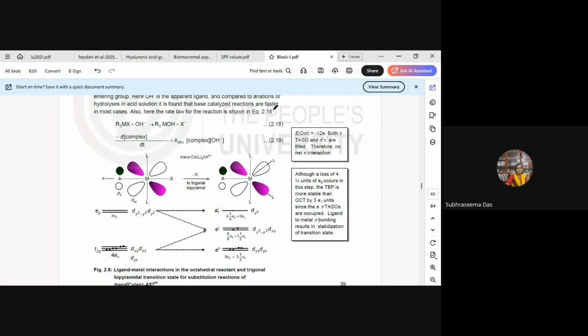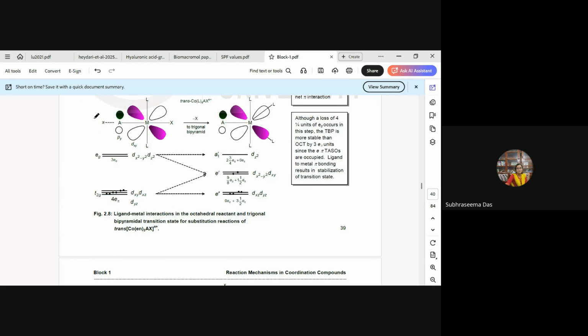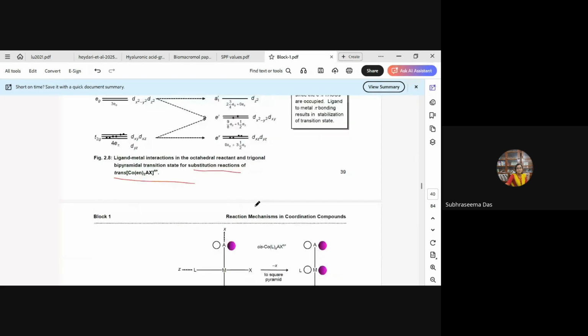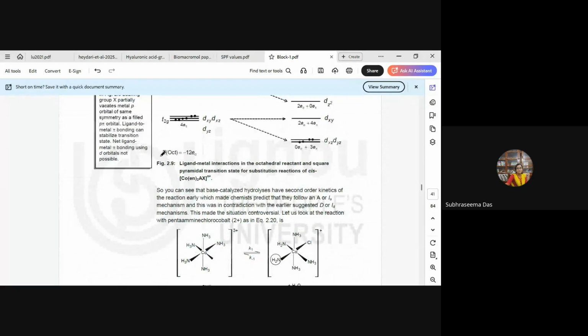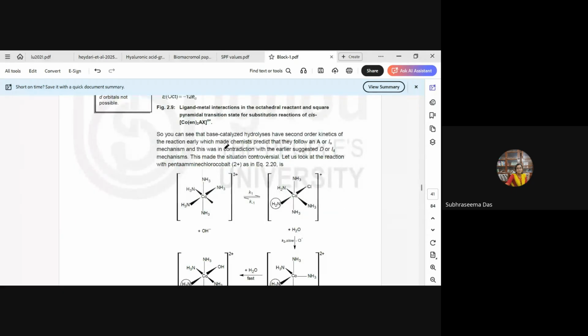So here in equation 2.18 we see the general reaction. Then in the figure, we see the ligand metal interactions in the octahedral reactant and trigonal bipyramidal transition state for substitution reactions of trans CoEn2AX+. The ligand metal interactions in the octahedral reactant and square pyramidal complexes have also been shown.